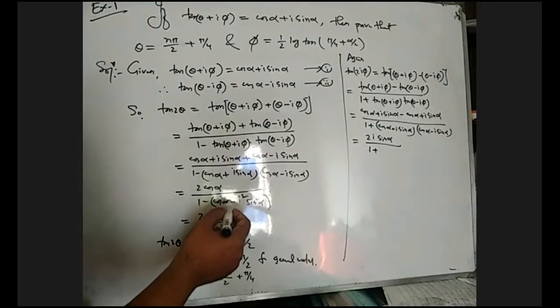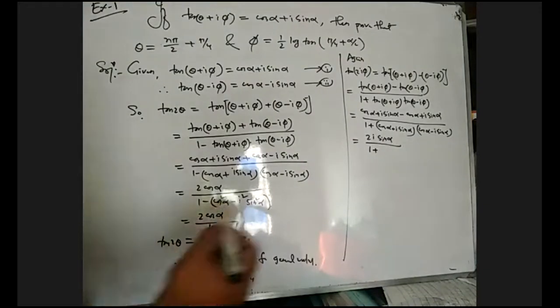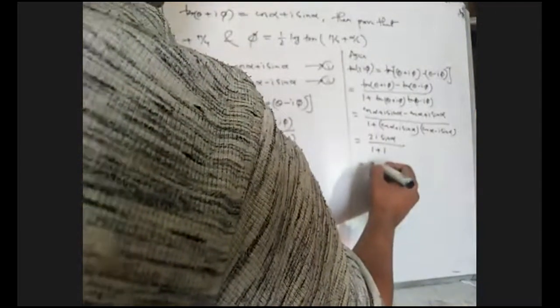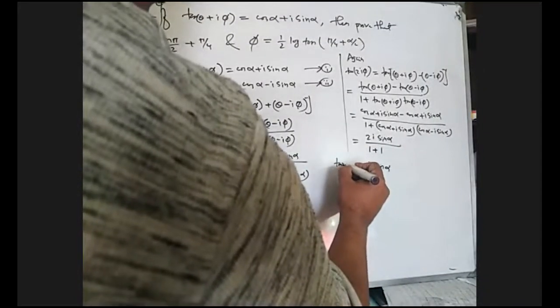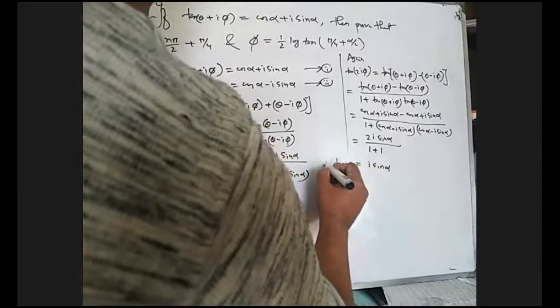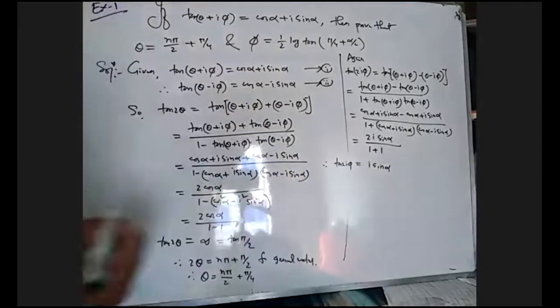There is a trigonometric identity sin square θ plus cos square θ equals 1, so the 2 will be cancelled. That means we get tan twice iπ equals i sin α.